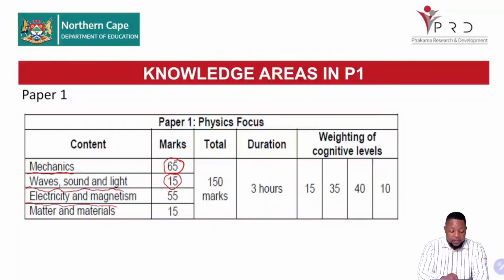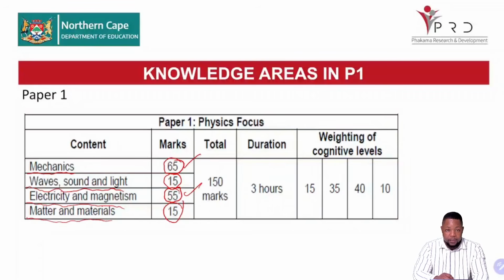Then we have electricity and magnetism with a total of 55 marks. Then we have matter and materials with plus minus 15 marks. But pay attention to mechanics and electricity and magnetism, which have more marks.